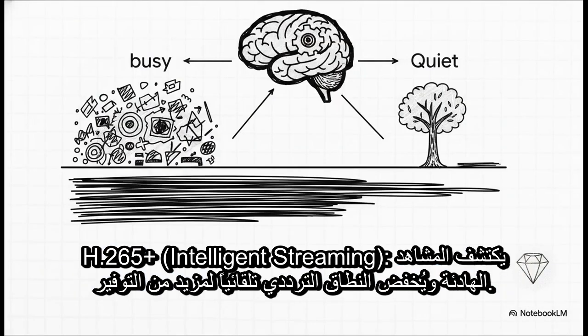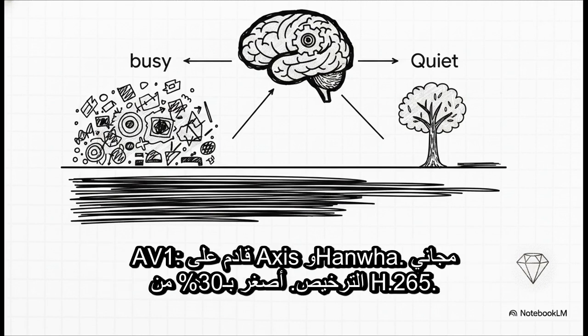Vendors evolved this even further into H.265+, which is also called Intelligent Streaming or Smart Codec. This variant uses scene adaptive bit rates, meaning it actively detects quiet scenes and drastically drops the bandwidth to save even more storage. Also, you really need to keep an eye on AV1. It's the newcomer codec starting to show up on Axis and Hanwha models. It's totally royalty-free, and it yields files roughly 30% smaller than H.265.